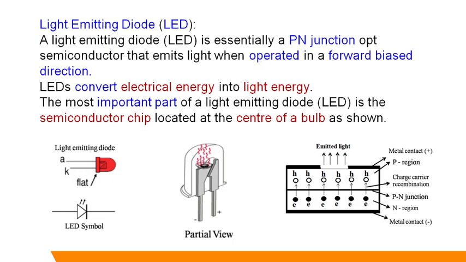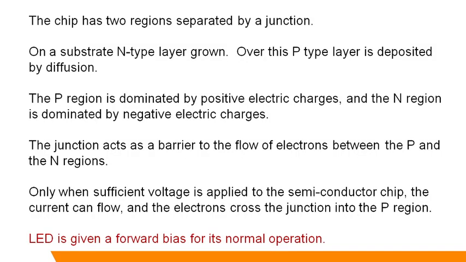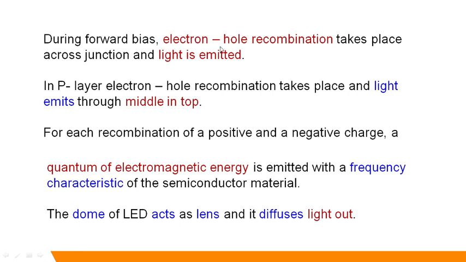During the normal operation of the PN junction, electron hole recombination takes place. Here the LED is forward biased in its normal position. During the forward bias, electron hole recombination takes place across the junction.